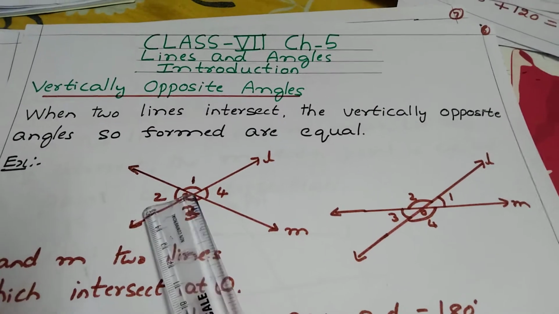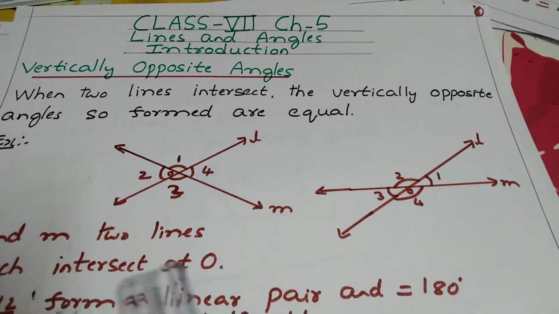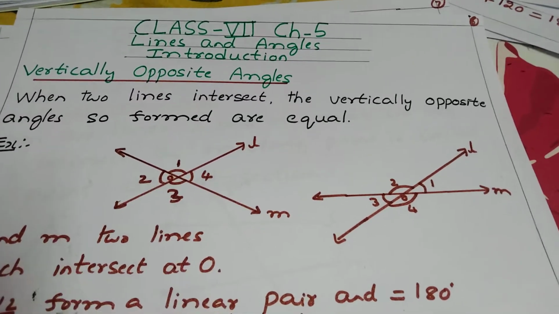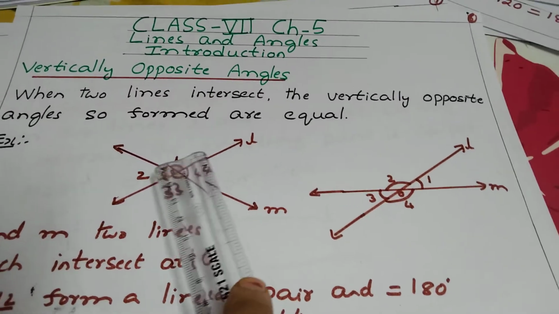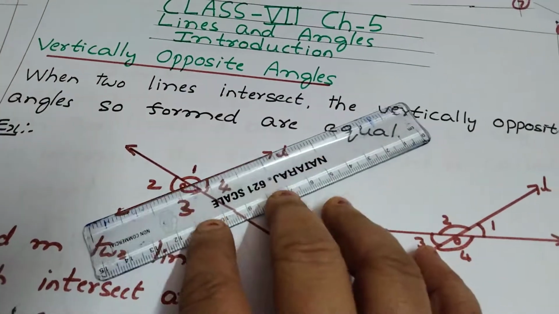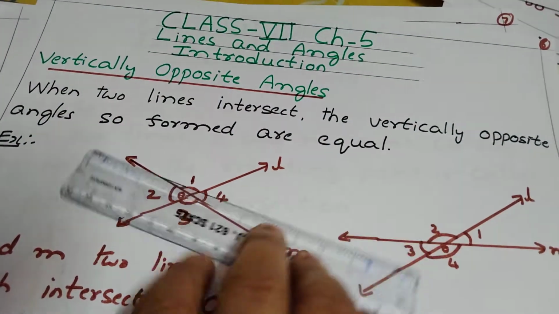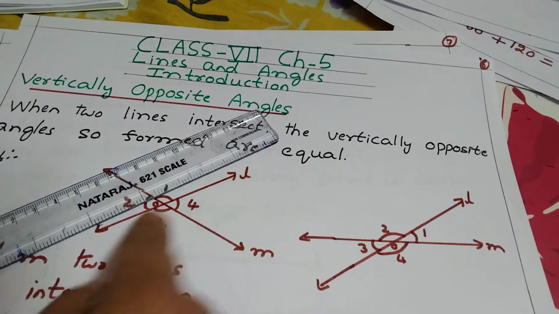See, L and M are two lines which intersect at O. So 1 and 2 form a linear pair. Linear pair means a straight angle, like this, and like this.